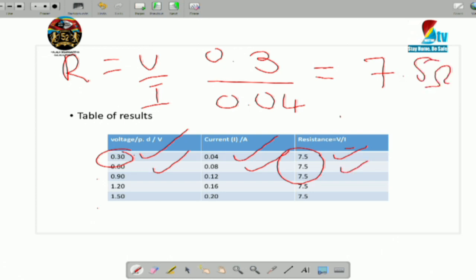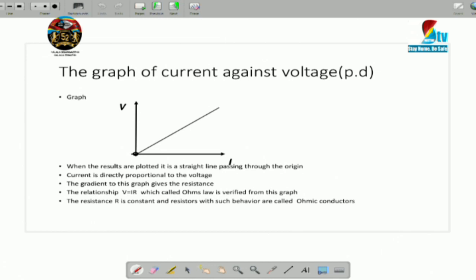If you look at all these values that we're getting, they are all giving us the same result. What does it show? This shows something very interesting. It shows us that the voltage divided by the current in a fixed resistor is constant.